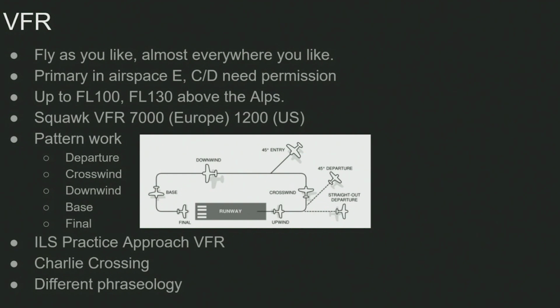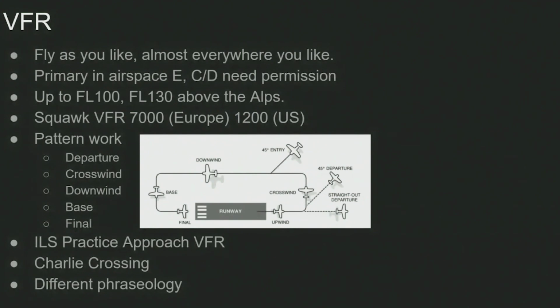There's some special things in the Alps. The Charlie airspace ranges to flight level 130. So you can fly even higher without talking to any controller. There's a cool story. In Germany, the speed limit in Echo airspace is 250 knots. In Charlie airspace, it's Mach 0.9999, so below the speed of sound, of course.